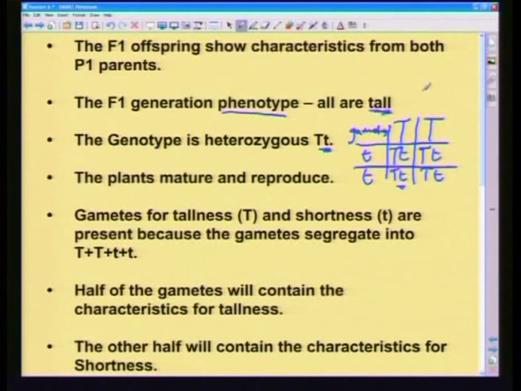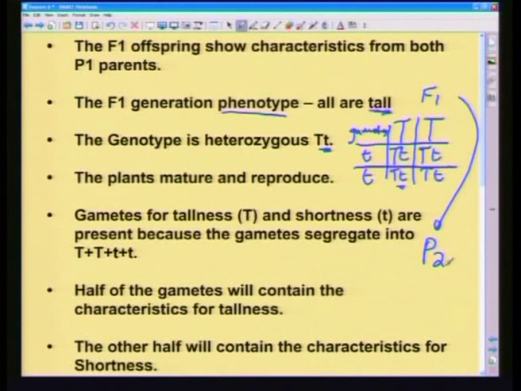Now what Mendel did is he crossed the tall and the short plants, and then he looked at the offspring of the F2 generation. So we have these babies here, who are the F1. They now become the P2, the second parent generation. They mature and reproduce.